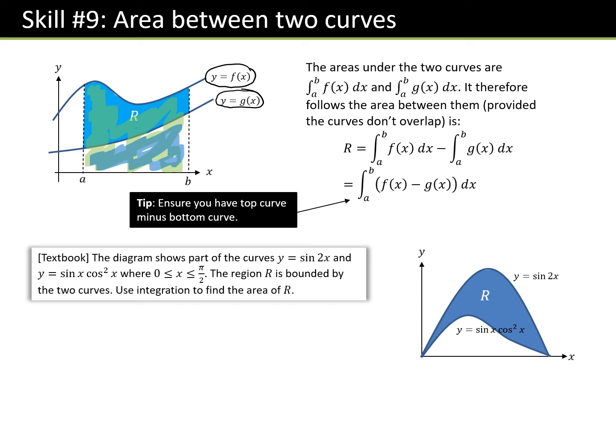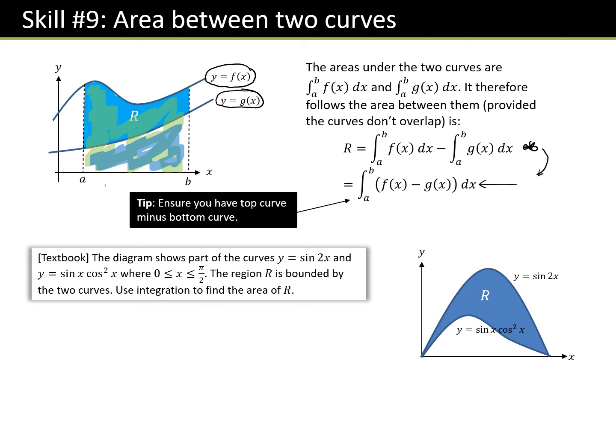Okay, so to find the shaded area, you can find the area between f(x) and the x-axis, find the area between g(x) and the x-axis, then take them away. Okay, and that's what this formula here summarizes. Then this formula here is just a simplified version using some laws of integration.